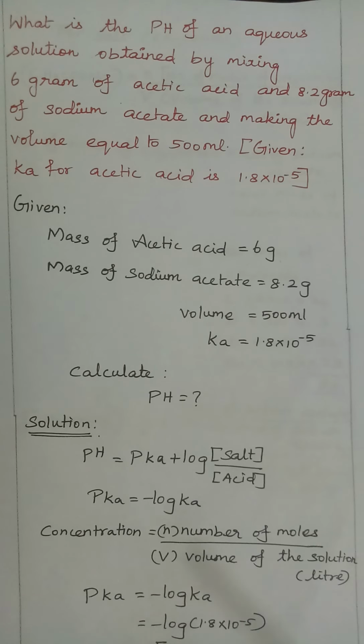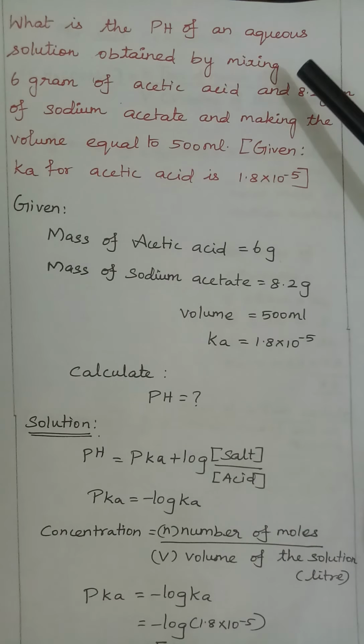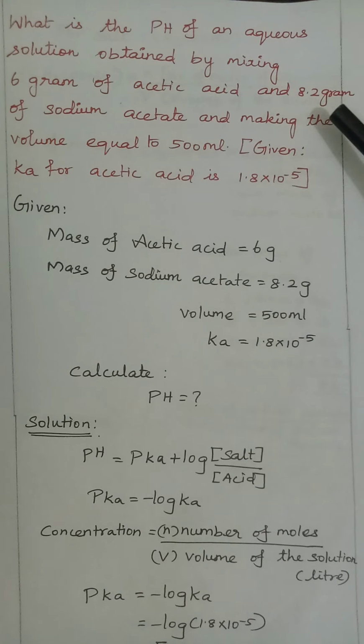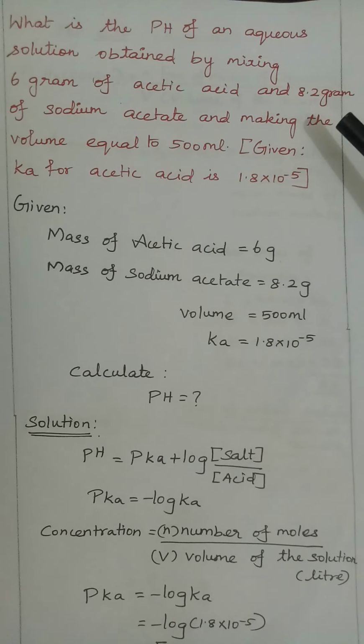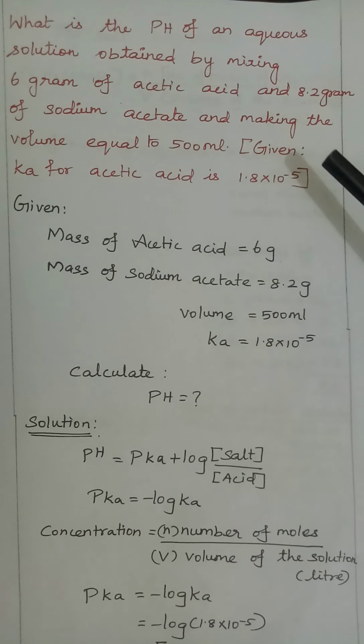What is the pH of an aqueous solution obtained by mixing 6 gram of acetic acid and 8.2 gram of sodium acetate, with the volume equal to 500 ml?